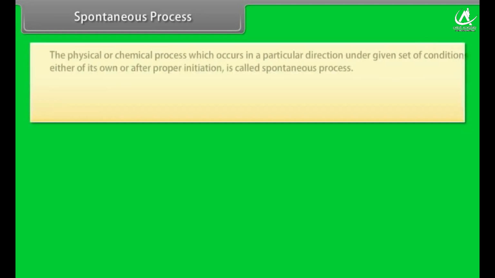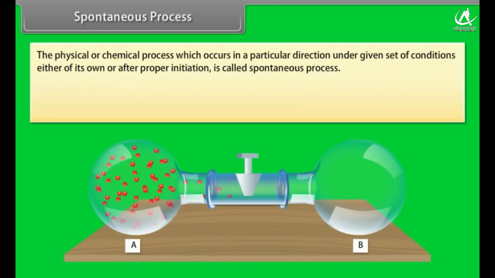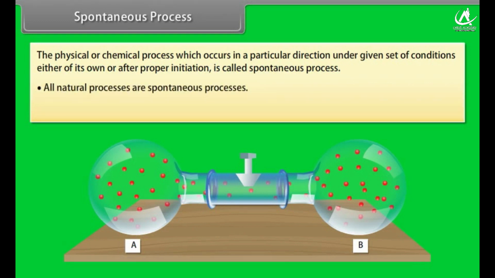A spontaneous process. The physical or chemical process which occurs in a particular direction under a given set of conditions, either of its own or after proper initiation, is called a spontaneous process. All natural processes are spontaneous processes.